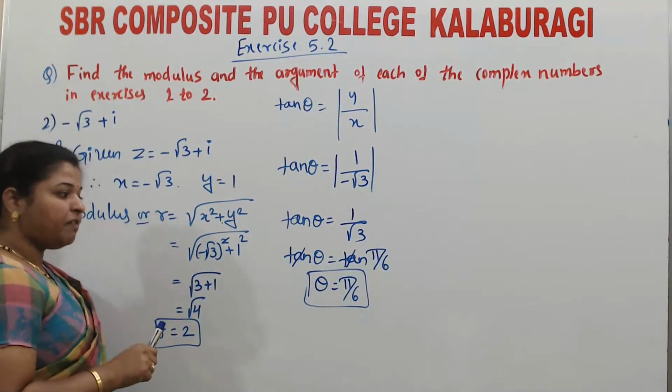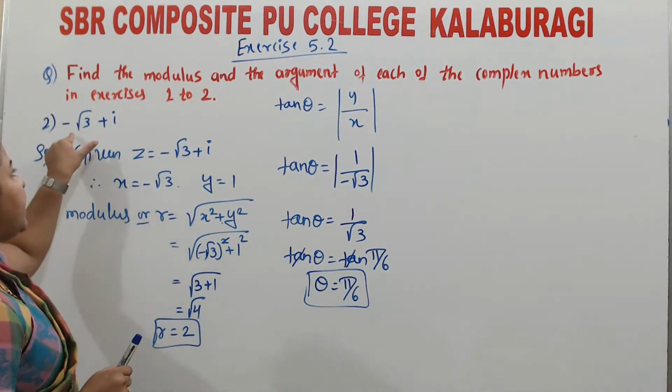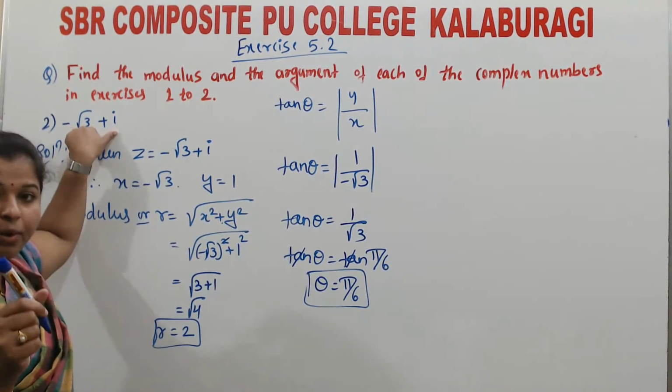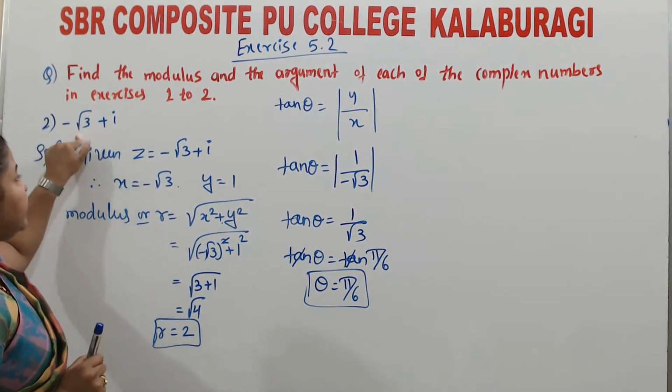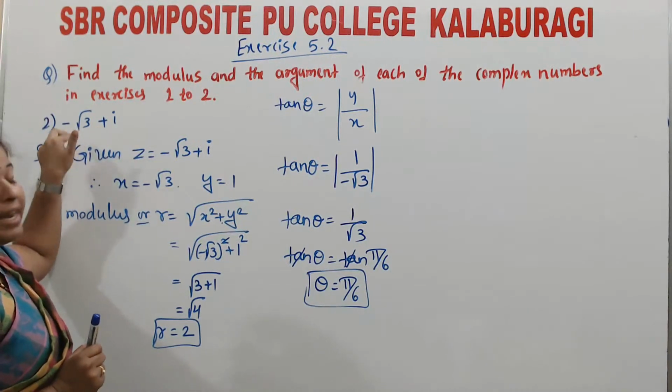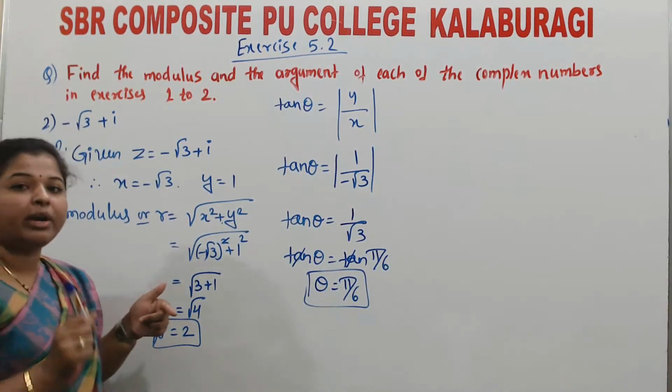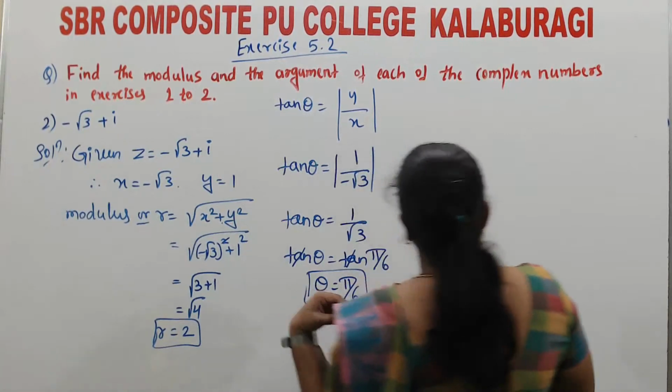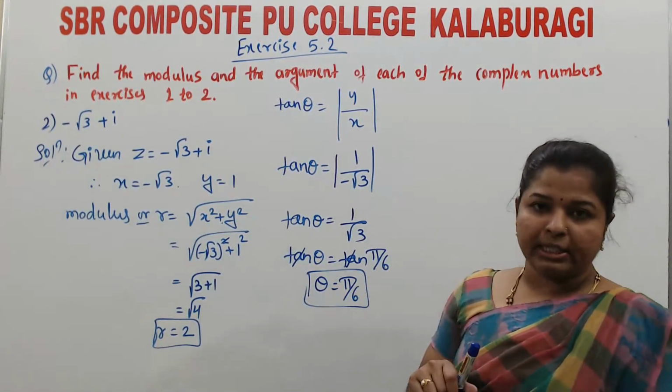After finding the value of theta, next we have to check these 2 points exist in which quadrant, right? x is negative, y is positive. x is negative, y is positive. In which quadrant do they exist? In the second quadrant, right? In the second quadrant, x is negative, y is positive.